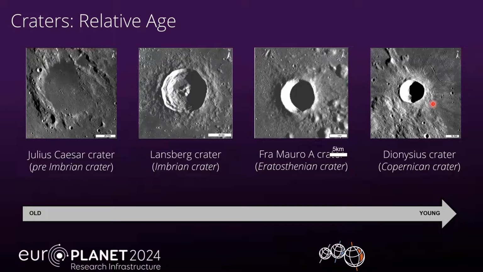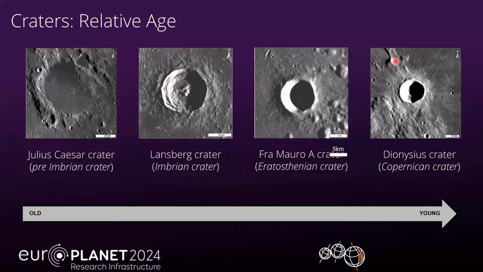They have a very sharp rim, and you can see here this high albedo ejecta, and then also rays that extend away from this crater. And those are the defining marks for a Copernican aged crater, because that stuff disappears really quickly over time.